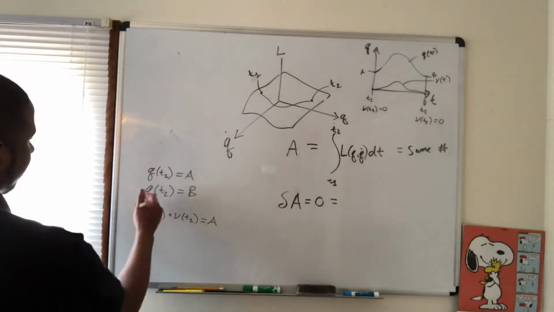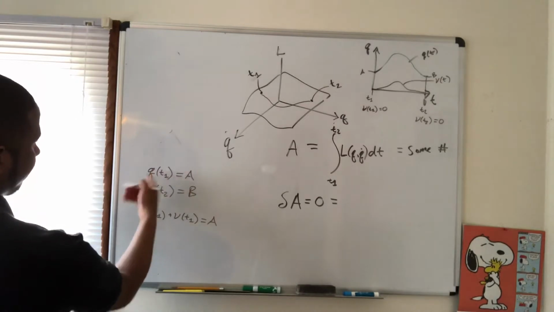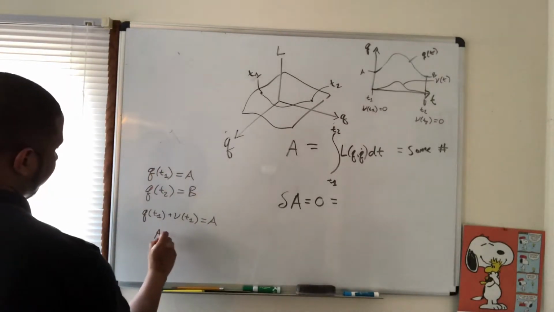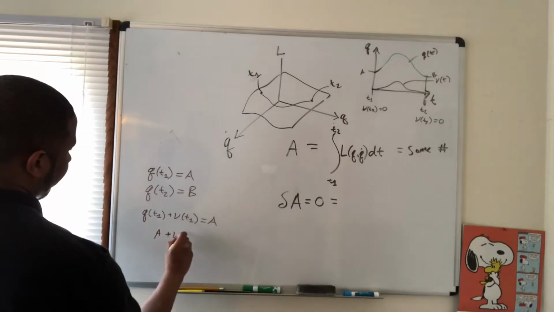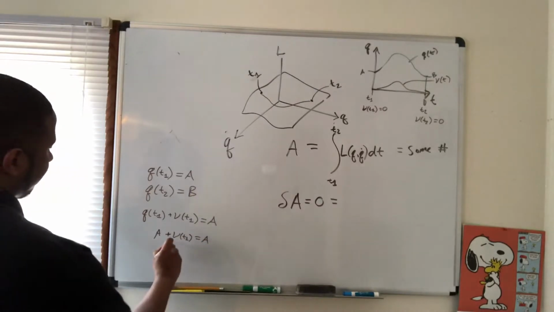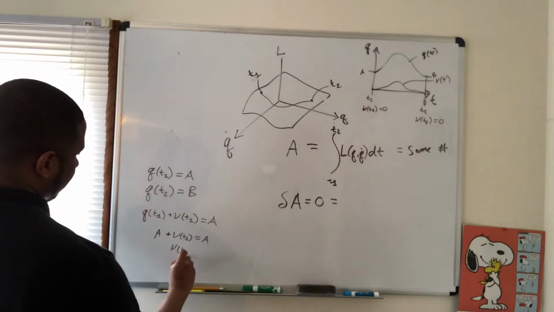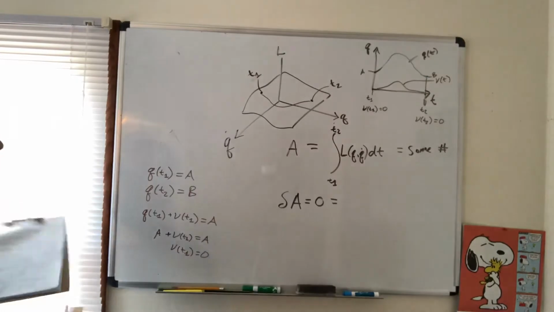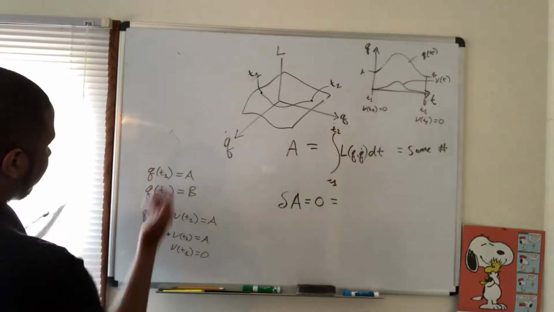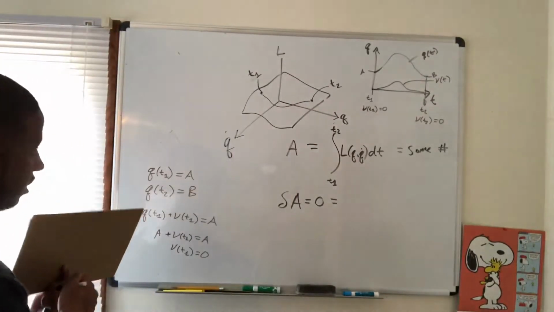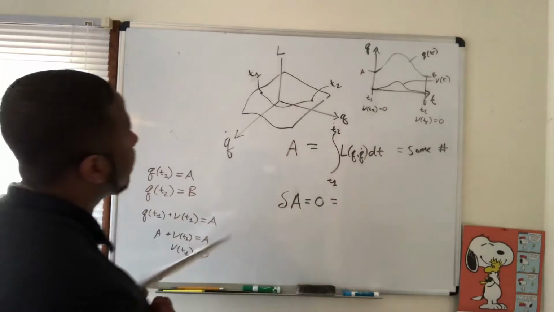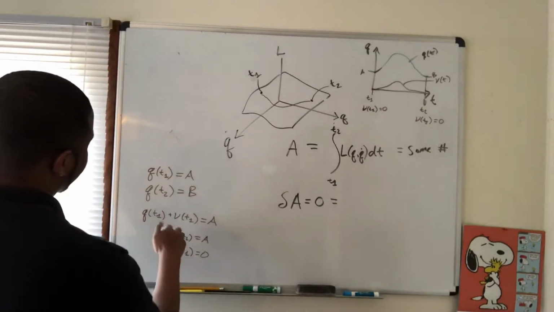Basic simple algebra. We already defined what q at t1 has to be equal to, so we can really drive the point home. Subtract a from both sides, and v at t1 equals 0. Of course, this is true for q at t2 as well. So it's very important to keep in mind. And the same is true for the time derivative. So we'll end up using this idea.